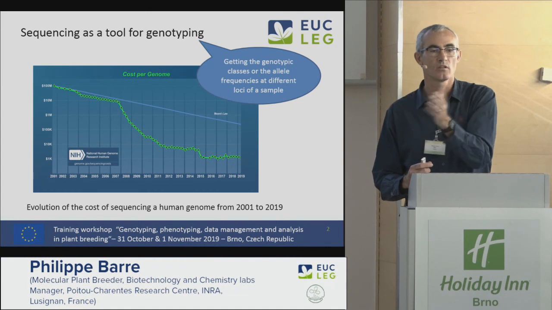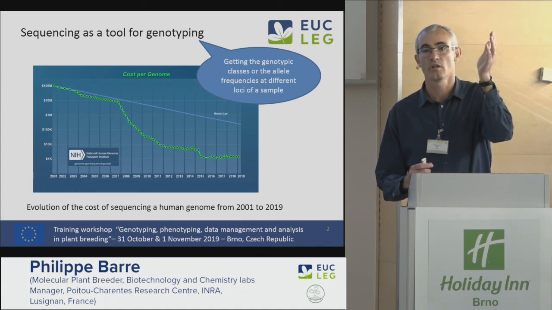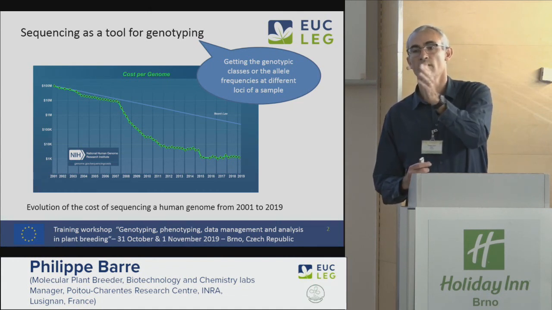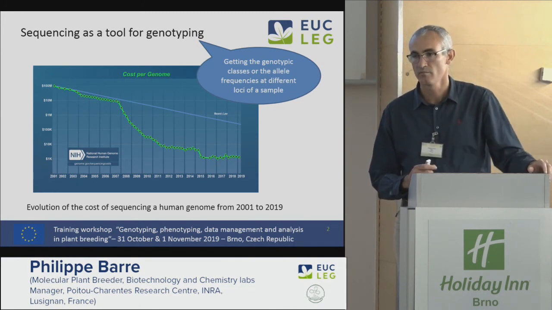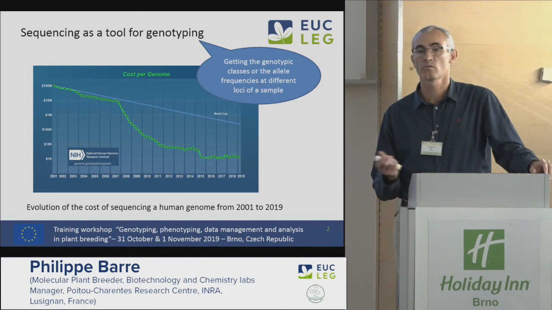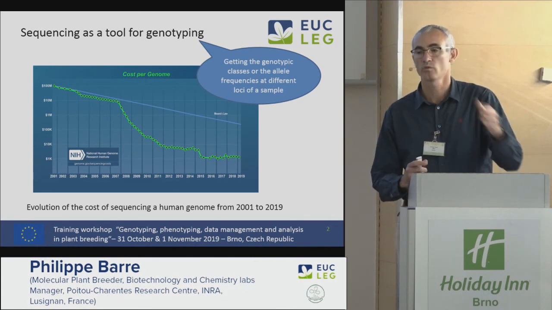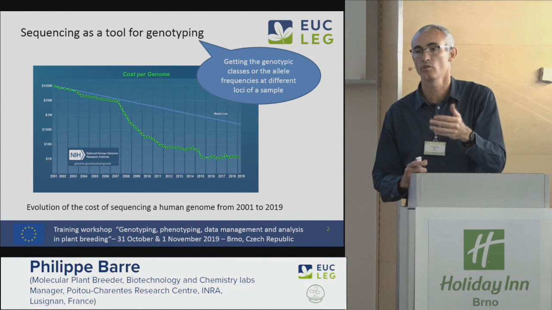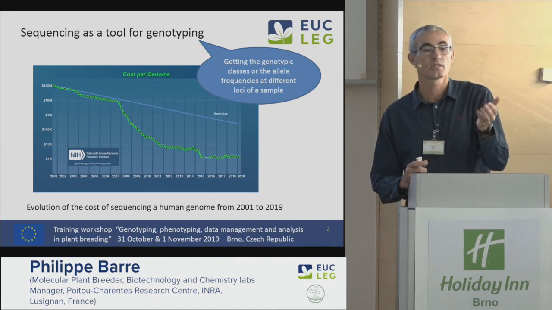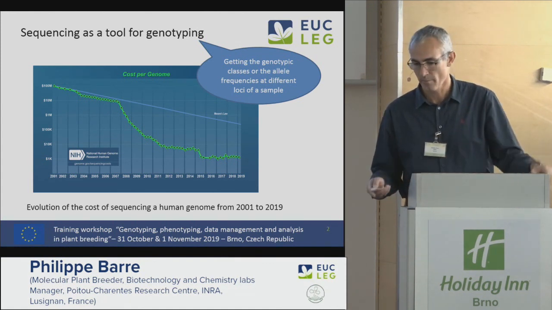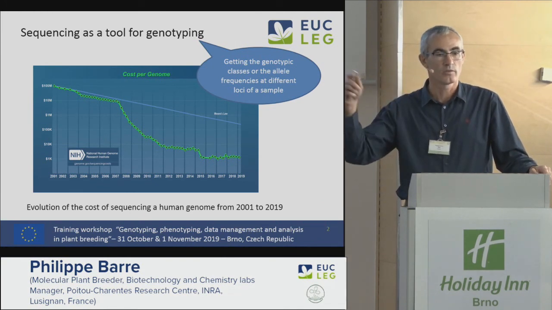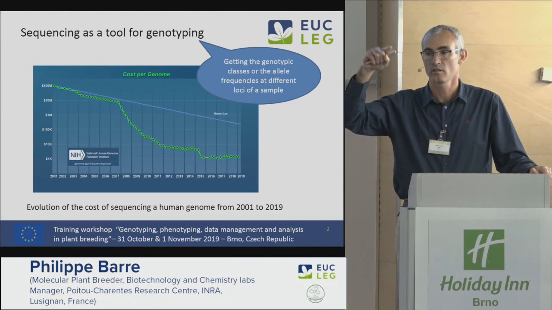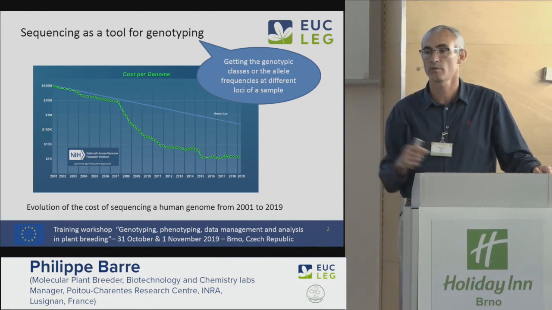And you can say also you want to know if it's 0, 0.5, or 1. This is for diploid plants, but it could be also for a population. You want to know the allele frequency, and you will look at the frequency of A. So that's genotyping. You want a table with all the samples and this genotype information.